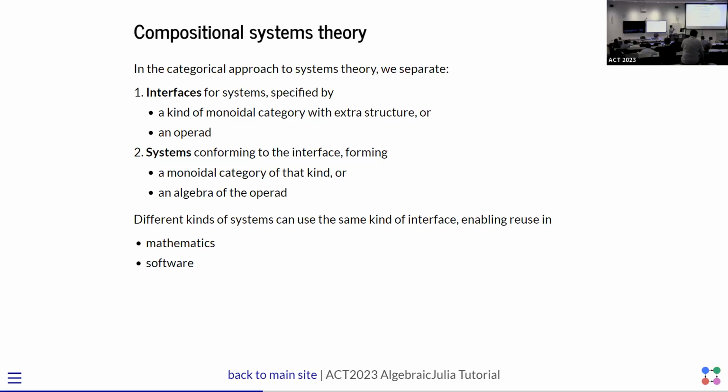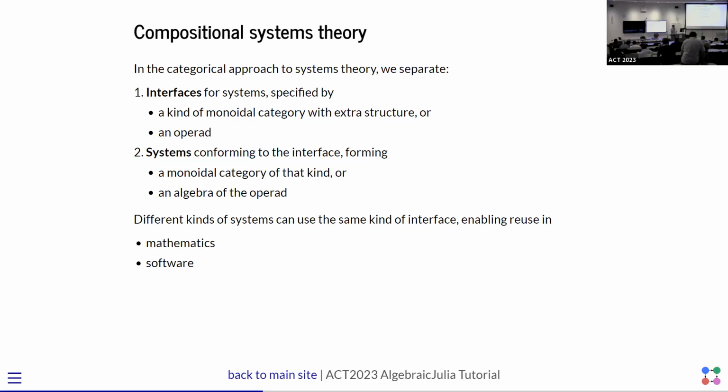There are different ways of making that formal, but one very common way in the community is to think that you're working in a particular kind of monoidal category, like trace monoidal categories or hypergraph categories. Systems would then be the morphisms in those categories, and then you compose them together.